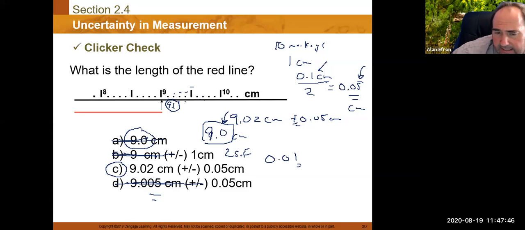Here, the uncertainty has 3 significant figures, which means this could be something like 9.03, or it may be 9.01, plus or minus there. And that is more likely what the measurement is here than saying it could be as big as over here or as small as over here. So there's a lot more error involved in that. And that's why it's important to make sure you don't cut off significant figures and you take the measurements to the right numbers. Otherwise, you're really making your measurement a lot worse.